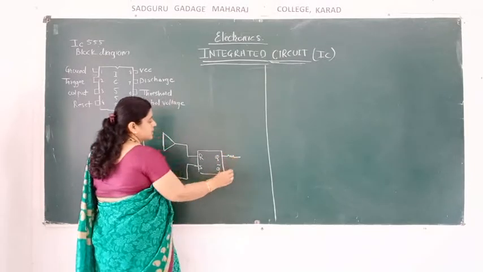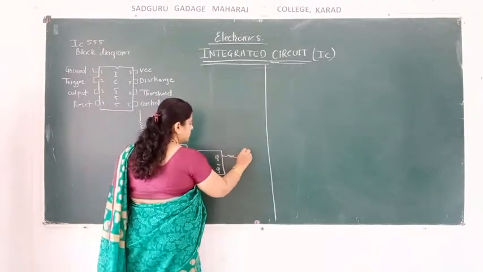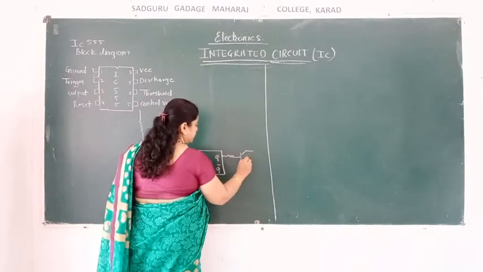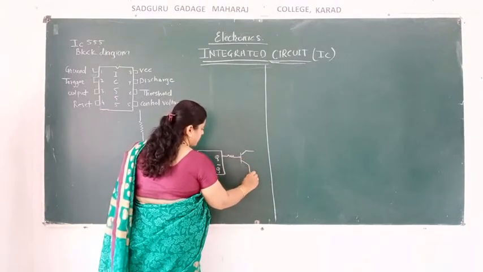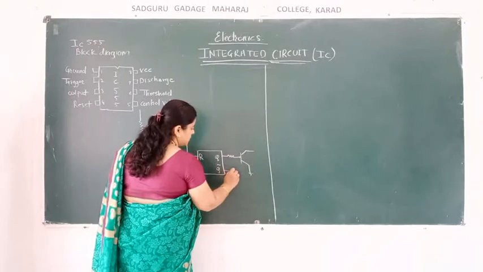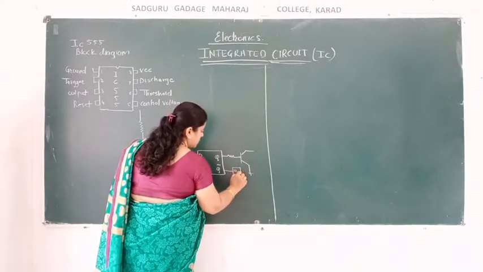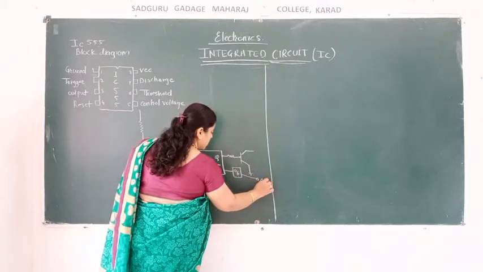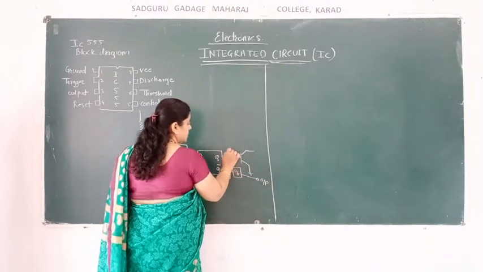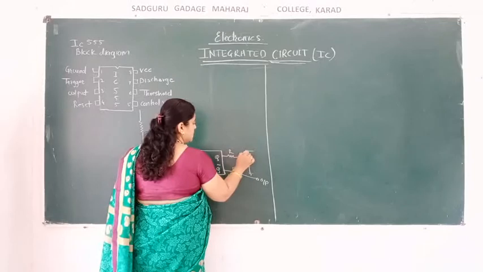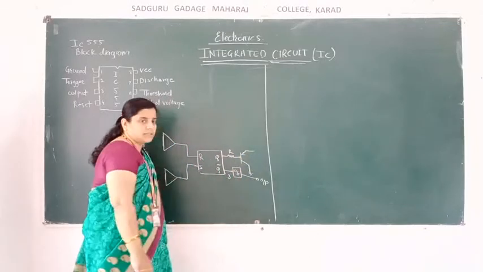One resistor is connected, and here we get the output at pin number 3. This is the resistor and this is the collector of the transistor.